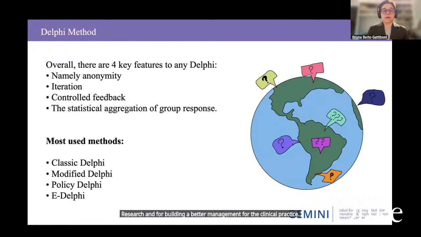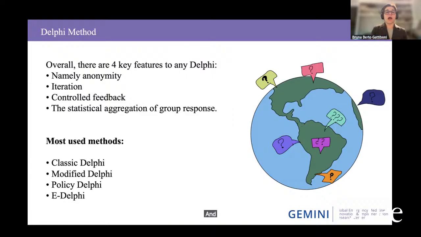In the Delphi method, we have four key features. It needs to be anonymous, to have interaction of the specialists in each of these rounds, and to have controlled feedback. It's not only about the specialists answering the survey; they need to have this feedback.